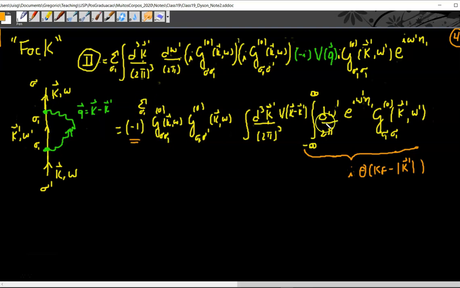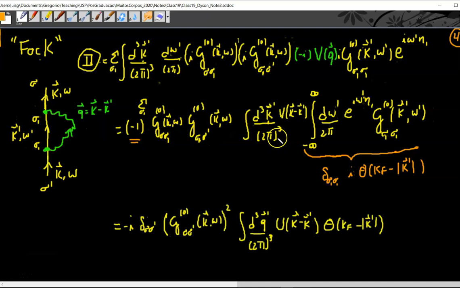Now, if we go back here and do this integral, this is essentially the same as what we did before. The end result, if you do the complex integration, is theta of kF minus the absolute value of k prime. And there's a delta sigma 1 here, so that when I sum over sigma 1, we get these two equal. So at the end of the day, I have this integral over k prime, with V of k minus k prime.